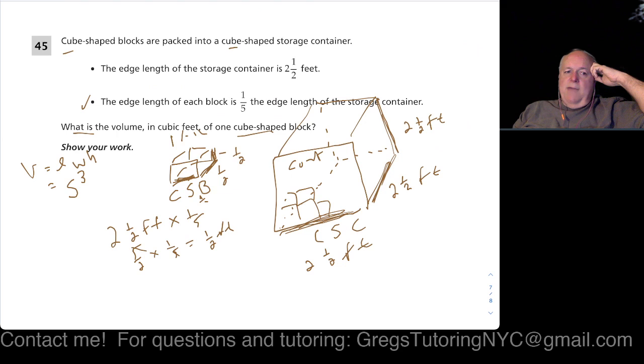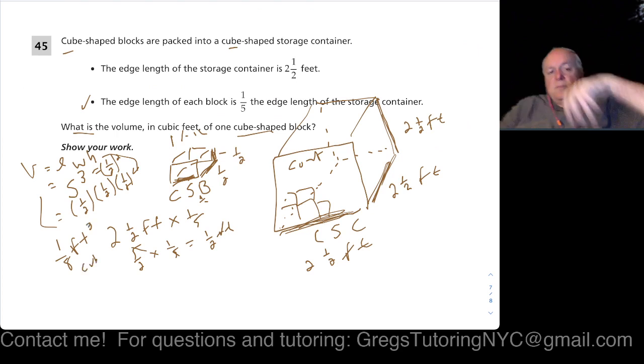So depending on which way you want to do this, you get 1/2 times 1/2 times 1/2, or it's 1/2 cubed. No matter which way you do it, you're going to get 1/8 of what? These were all feet, so the volume is 1/8 of a foot cubed, or cubic feet.